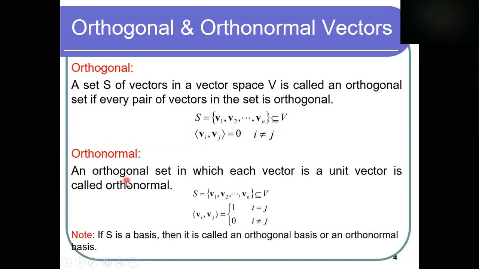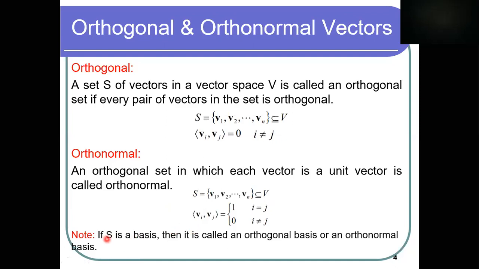An orthonormal set is one where, when i and j are equal, the dot product is 1, and when i and j are not equal, the dot product is 0. If the vectors in the set satisfy these two properties, we can say it is an orthonormal set.